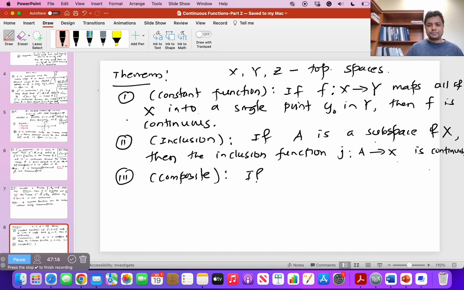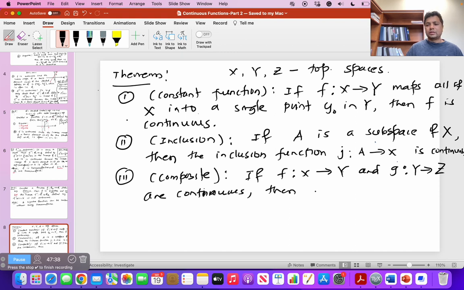And the third one is that the composite of two continuous functions is also continuous. So if f from X to Y and g from Y to Z are continuous, then the composition g composite f, which is from X to Z, is continuous.